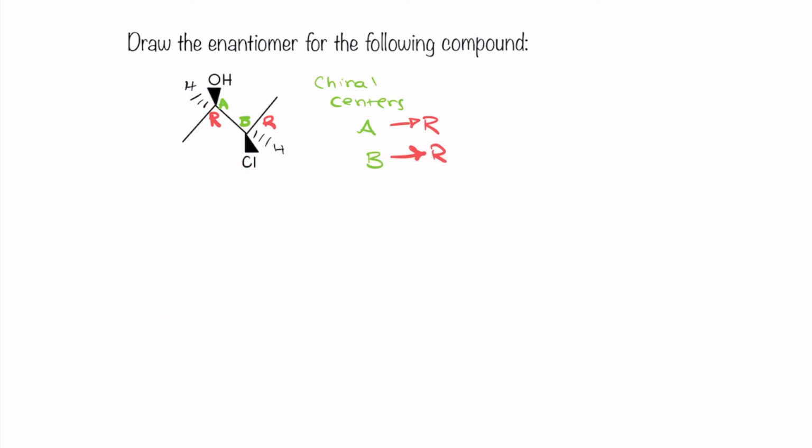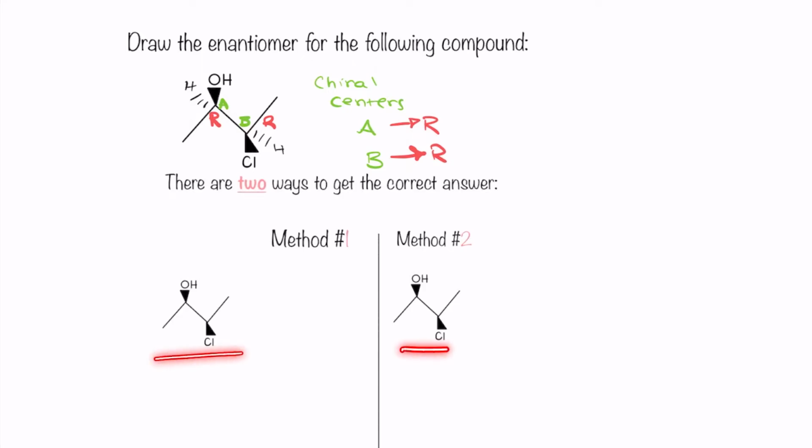And there's actually 2 ways to do this. So below here, I just have redrawn the compound that we had up here. And we know that these chiral centers are RR. So for the first method, you know that you can redraw the compound as is and reverse the rotation about the chiral center by drawing it on the opposite.